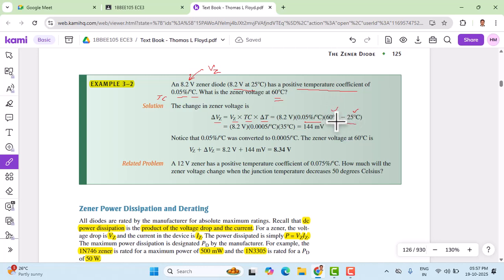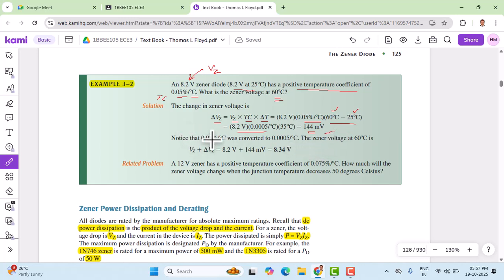So the change in temperature is 60 degrees minus 25 degrees Celsius. If we simplify this, that gives delta Vz, the change in Zener voltage, as 144 millivolts. From 25 degrees Celsius, if the temperature changes to 60 degrees Celsius, then the change in Zener voltage is going to be 144 millivolts.